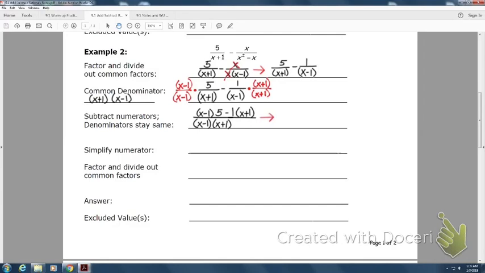So I'm going to take the 5 and distribute to get 5x minus 5. We'll write the denominator out at the end. And I'll distribute that negative 1, which is going to give me negative x minus 1.